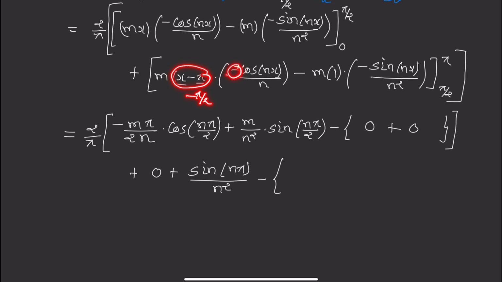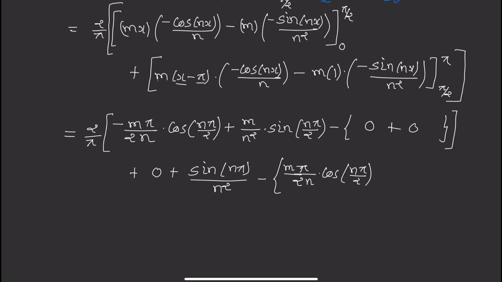This minus sign, so minus minus plus. So it becomes pi by 2 with plus this m we have, so we have m divided by n into cos n pi by 2.